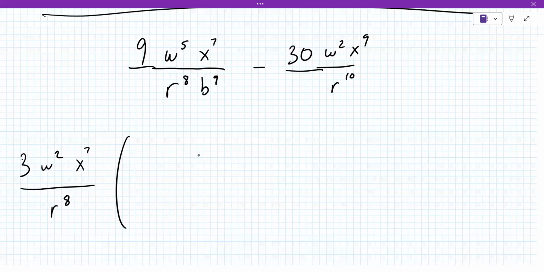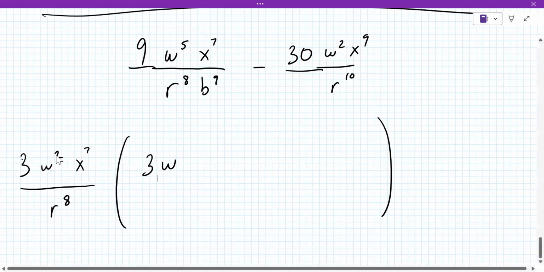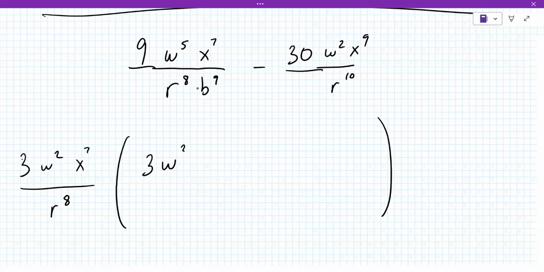Okay, good. Now what goes inside parentheses, if you've got it? On the left, I got 3w over... Anything else? It's 2, you got to get to 5. Oh, w to the 3rd. Okay, over b to the 9th.